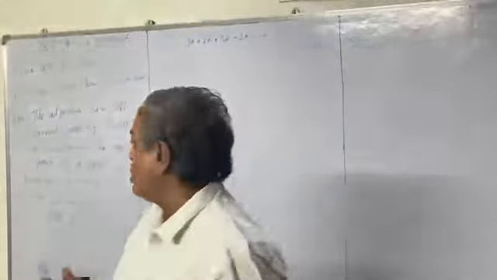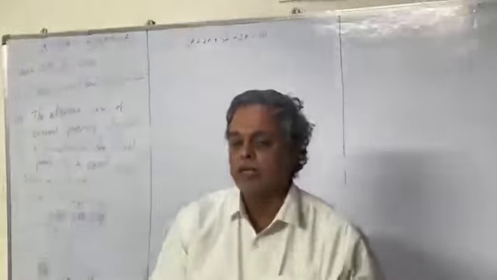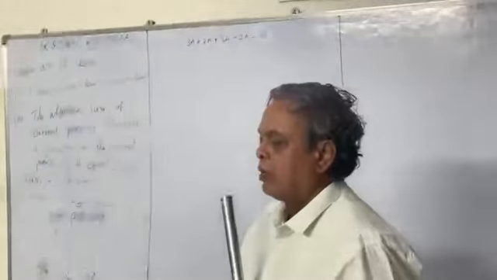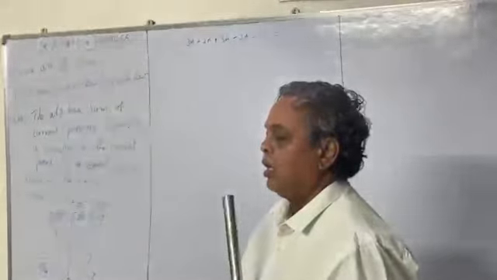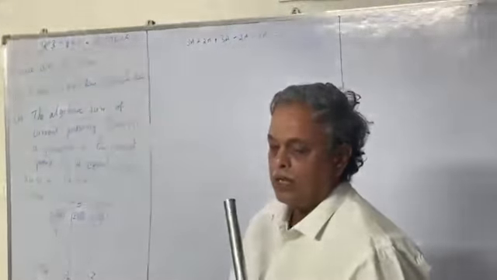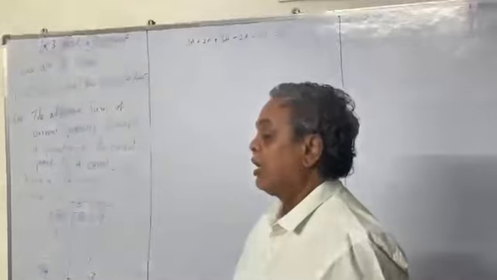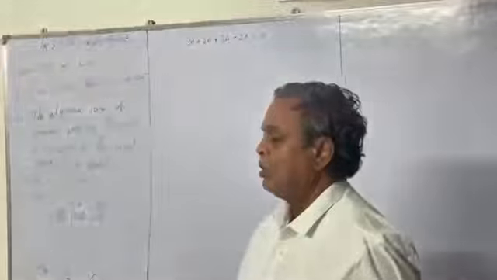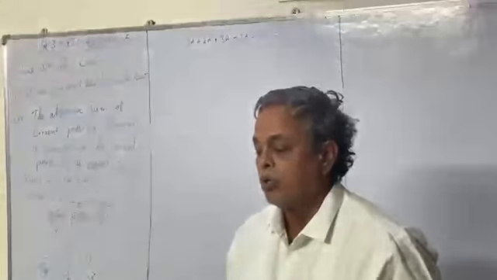Right, the general form: the sum of all the algebraic currents, positive currents, is equal to negative currents.